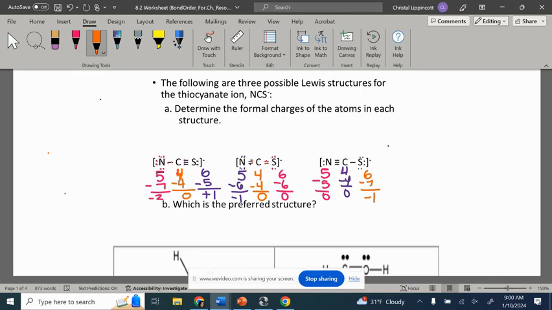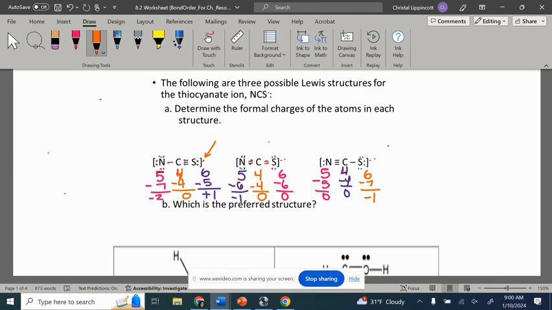Whatever your formal charge, your overall formal charge here should equal what the charge is on that ion. So here, -2 plus 0 plus 1 is a -1. Here, -1 for this one, and we've got a negative charge here. Here is your -1 and a -1.